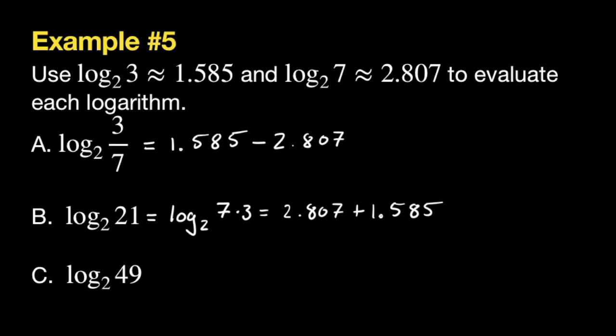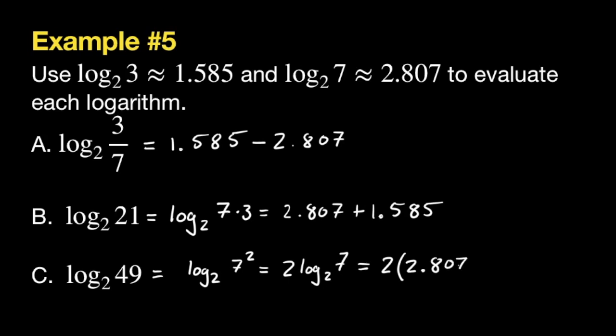And in the last one, we know that we have log base 2, and 49 can be written as 7 to the second power. So we could actually rewrite this as 2 log base 2 of 7, and that is going to be equal to 2 times 2.807. So we're just using those properties and we're just applying them based on the logarithm that we have.